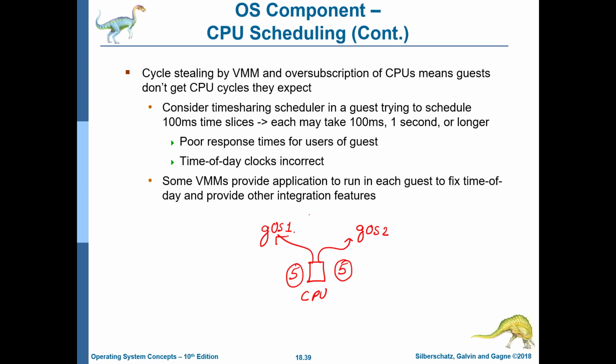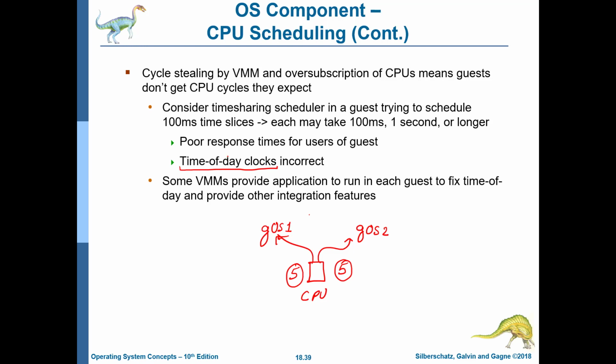And also, if let's say they are deriving the time of the day based on the actual CPU time that they get, then of course this will be correct when there is no virtualization. But if there is virtualization, then this will become incorrect. So that's why modern operating systems have to be written in such a way that they will only rely on the timer interrupt.